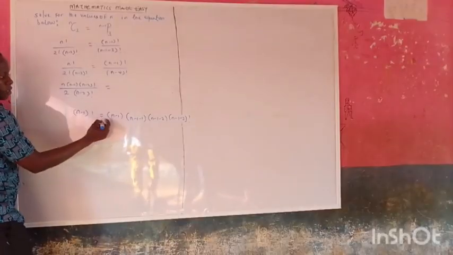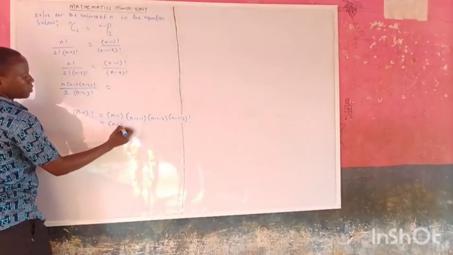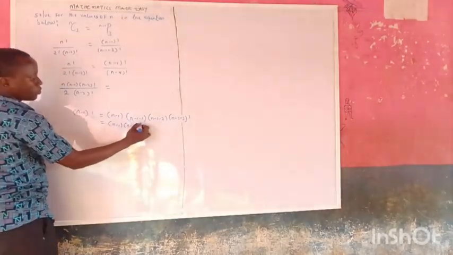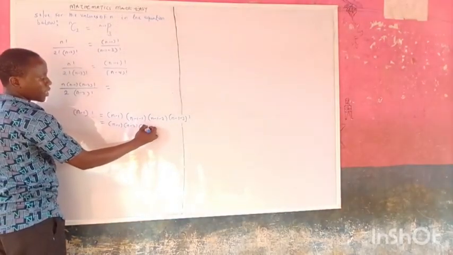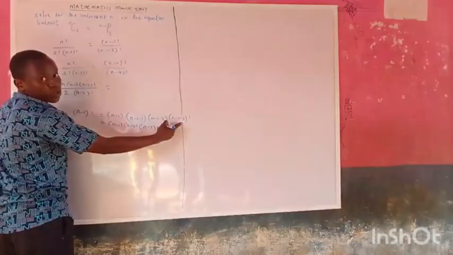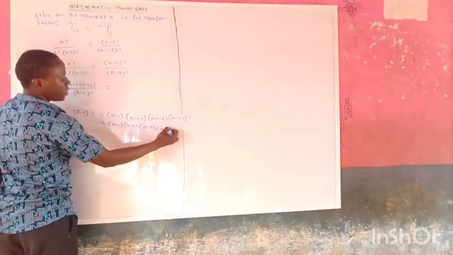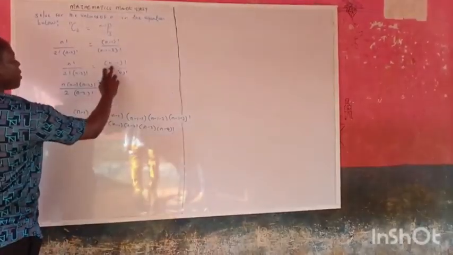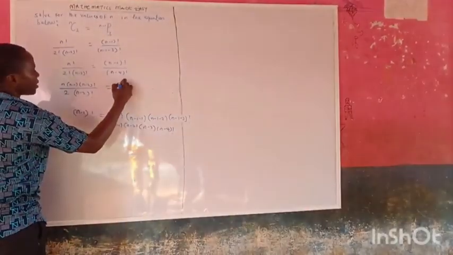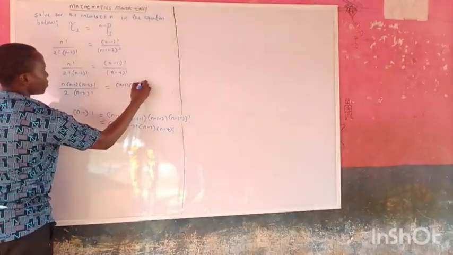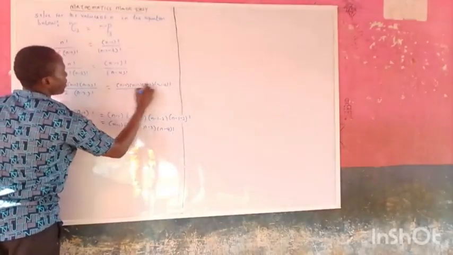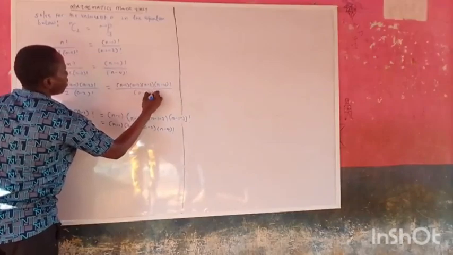Are we together? So this will be n minus 1 multiplied by n minus 2, because minus 1 minus 1 gives us minus 2, then minus 1 minus 2 gives us minus 3, then minus 1 minus 3 gives us minus 4. So we can now write n minus 1 factorial as n minus 1, n minus 2, n minus 3, n minus 4 factorial, and everything over n minus 4 factorial.